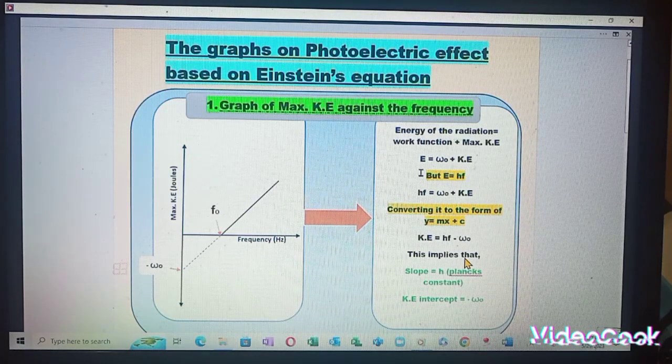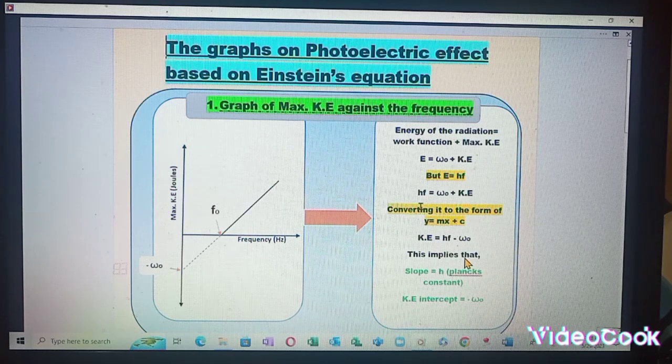That means from the law of conservation of energy, the energy of the incident radiation will be used first to dislodge the electrons and then to move the electrons. It is important to note that the energy of the incident radiation can be found from hf, that is Planck's constant times the frequency.